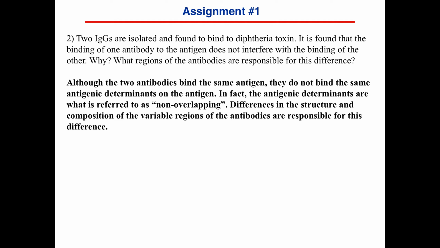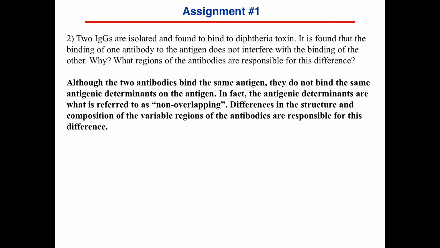And differences in the structure and composition of the variable regions of those antibodies are responsible for this. Not only are the antigenic determinant sites different, but the binding sites of these two antibodies, the composition of their CDRs, the loops, and what's on those loops, are going to be different as well.